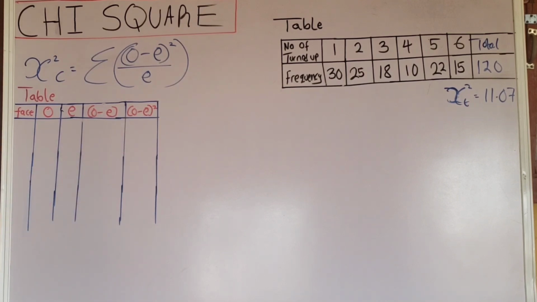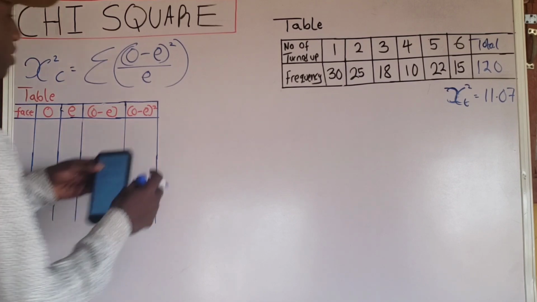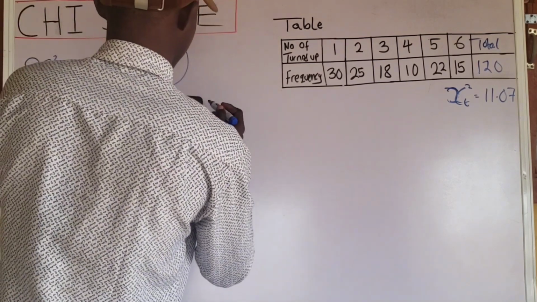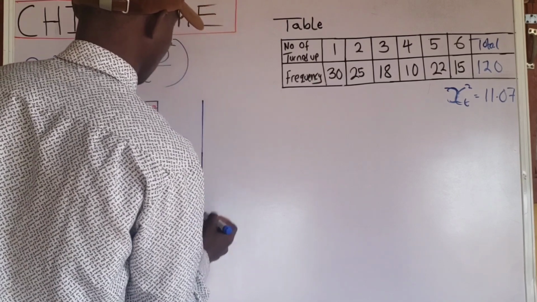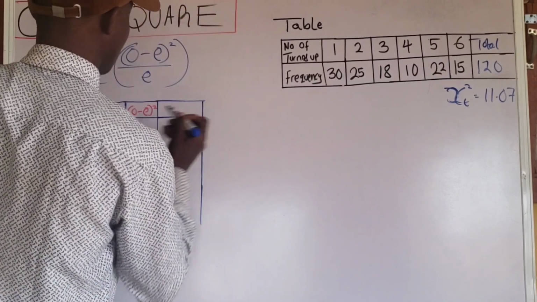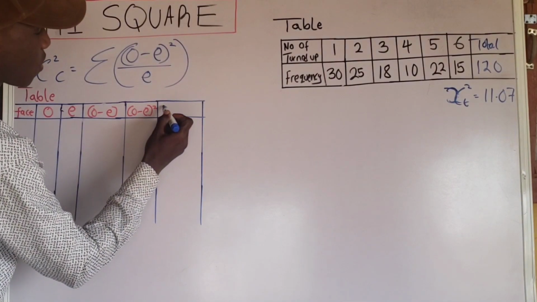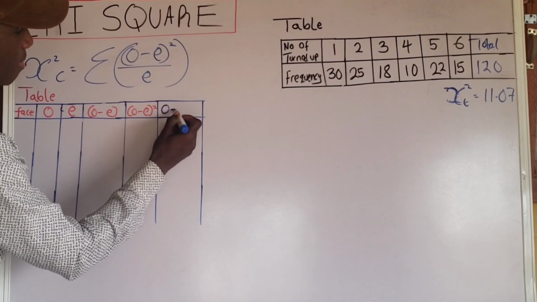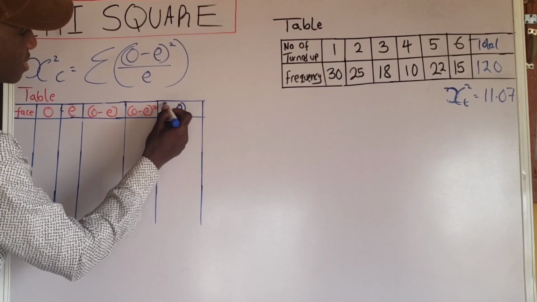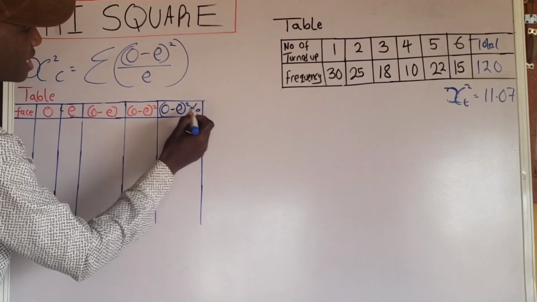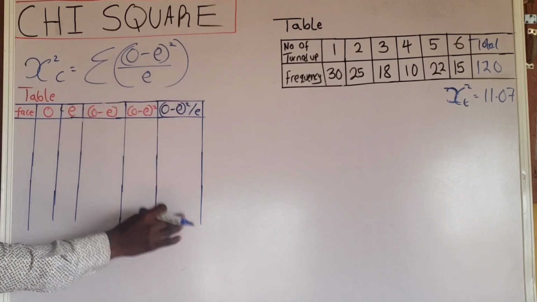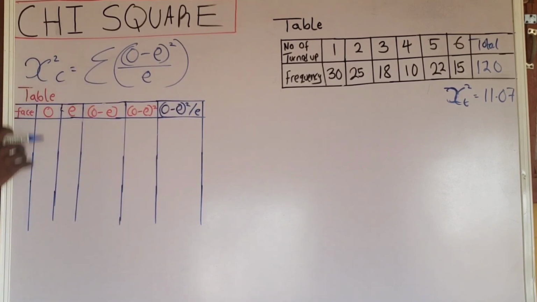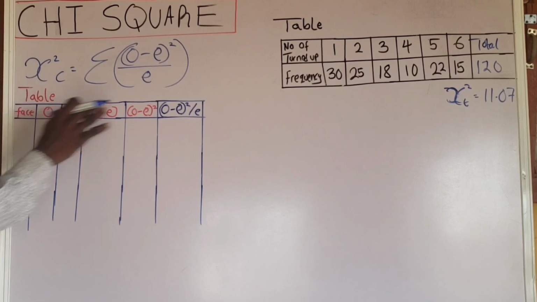Now I have to create another column for observed minus expected squared all over expected, because according to this formula, I need the summation of this to get the calculated chi-squared. So this formula tells me what I'm going to have on this table.